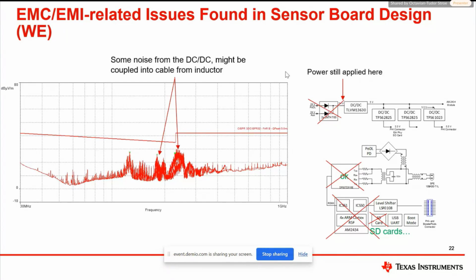It's very important to notice that this test, together with the debugging and everything, took more than a whole day in the EMI lab. Now imagine if you had to go directly for full compliance for certification purposes. If you spent that much time in a dedicated lab, you would pay thousands of euros.